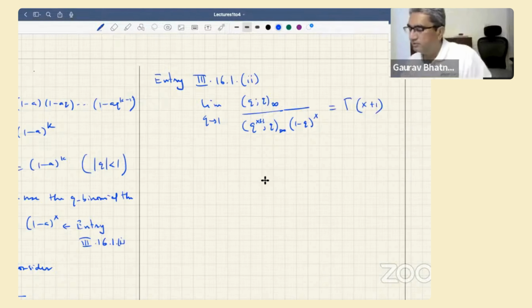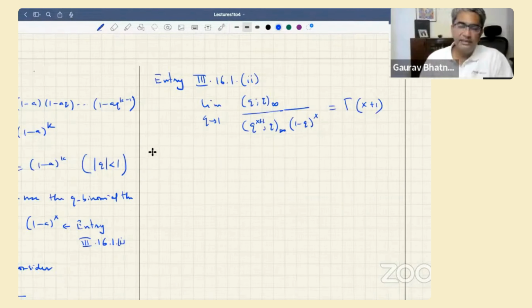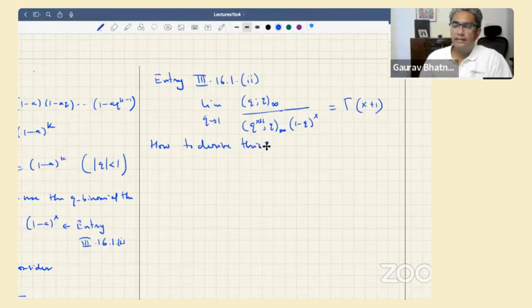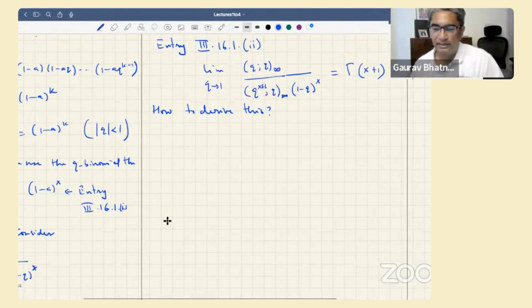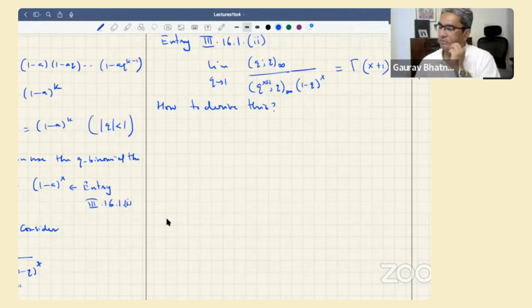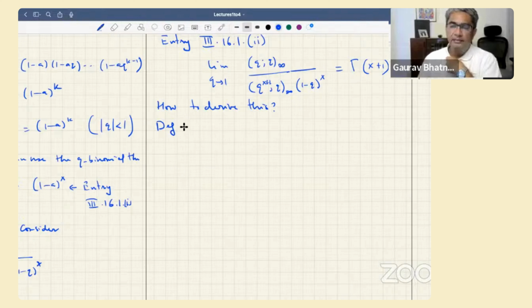So that's the objective. How to derive this? Well, there are multiple ways, but this is something which we will need later in this approach.